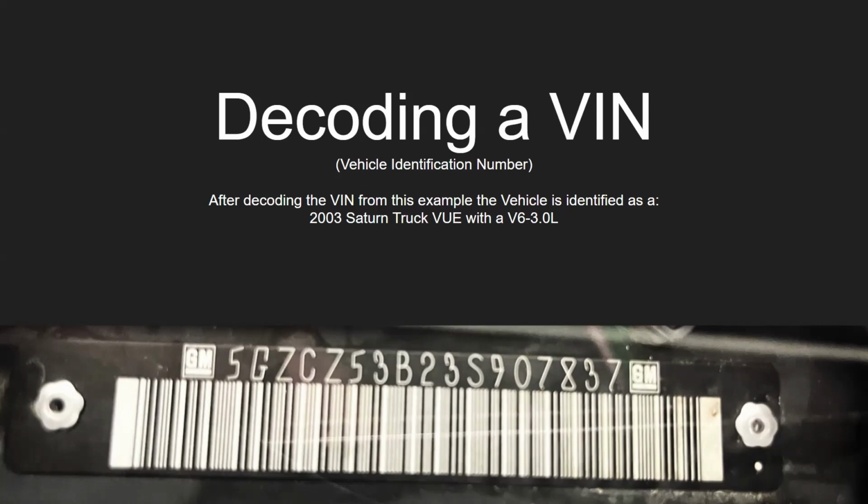Also, when you bring your car into the dealership, they put the vehicle identification number in to track the repairs and services that you did on your vehicle if the vehicle, for example, is under warranty. So it's a good idea to find this and understand what the vehicle identification number does.